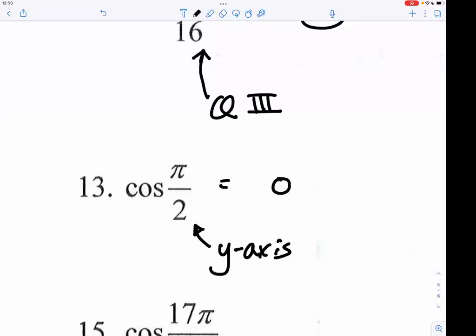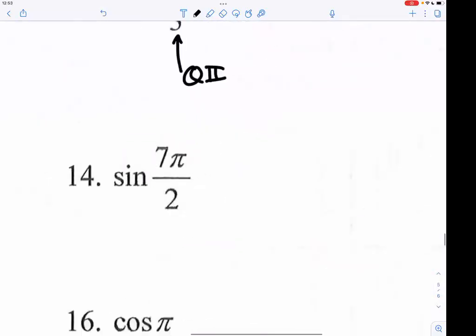Okay. The one to the right, ooh, this is a big angle. Now, what happens when you see this kind of big angle, 7 pi over 2? That means it has gone through at least one cycle, one revolution. So what you can do, go ahead, subtract 2 pi or 4 pi over 2, because after you finish one cycle, everything just resets.